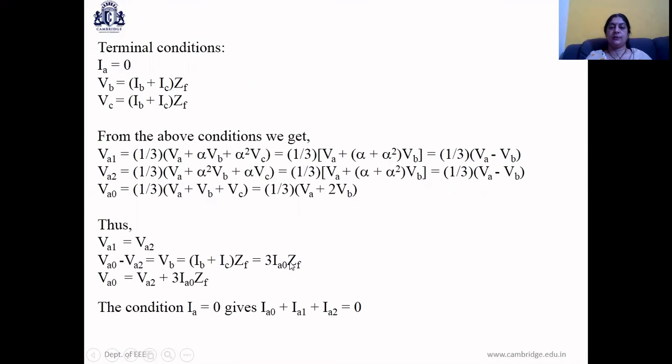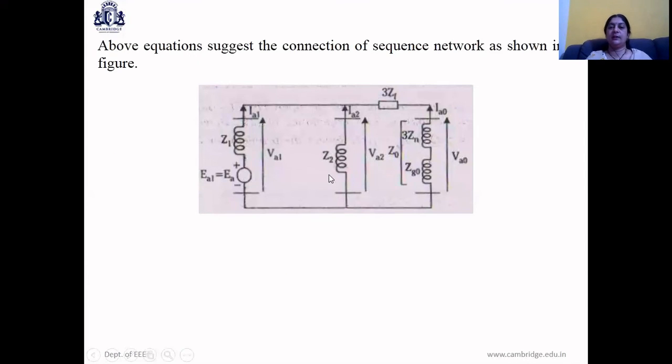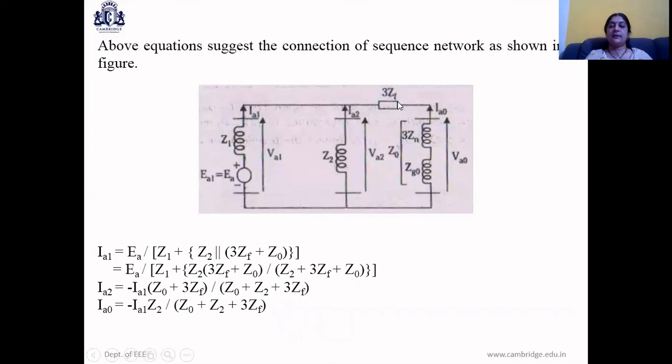The current that flows is IA0. Therefore, in between Z2 and Z0 we have 3 ZF through which the current IA0 flows. So from this diagram we can write the expressions for the currents and voltages. IA1 is EA by Z1 plus Z2 and Z0 in parallel, and 3 ZF will come in series with Z0.